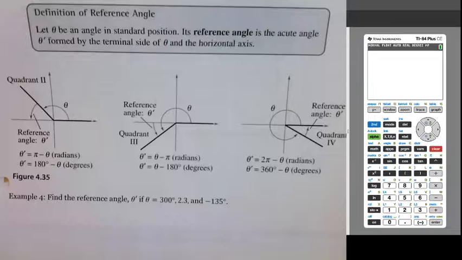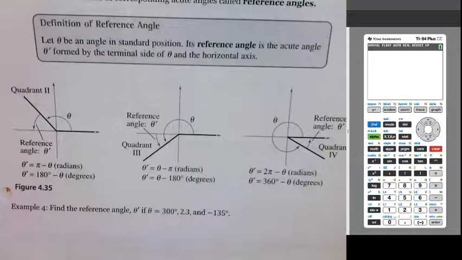Moving right along. So we're going to talk about reference angles now. When angles are greater than 90 degrees or less than 0 degrees, they are no longer in the first quadrant. And in that case, we can still think about the angles being acute, that is between 0 and 90 degrees, by looking at the reference angles.